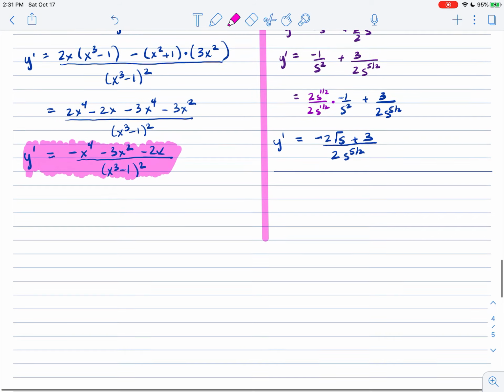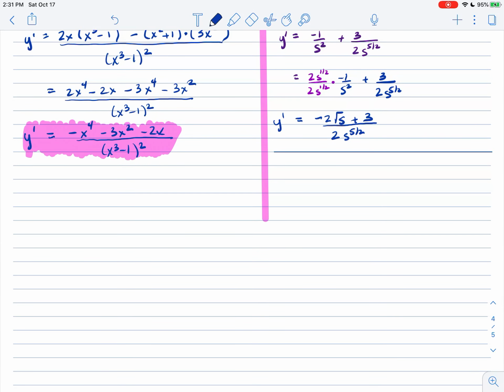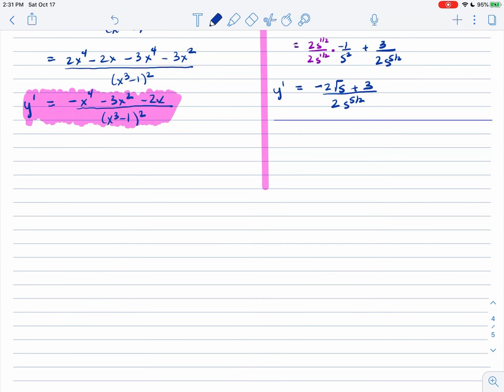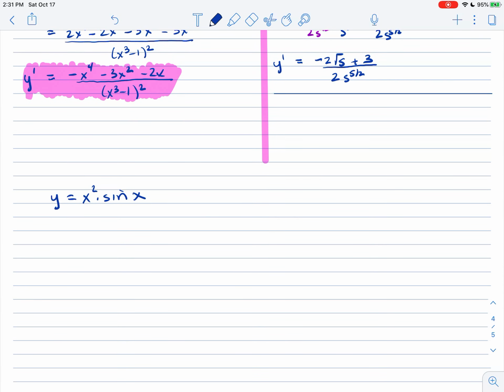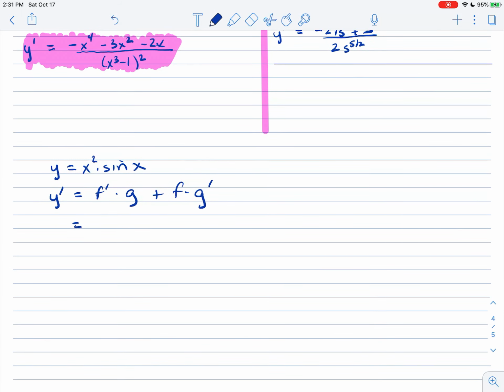One final one. Let's say if we had y equal to x squared sine x, find y prime. Y prime, that's going to be an f times a g, so y prime is going to be the derivative of the first times the second plus the first times the derivative of the second.